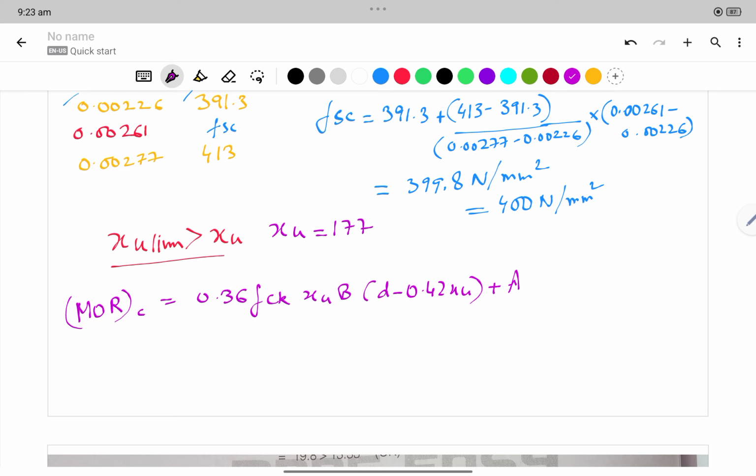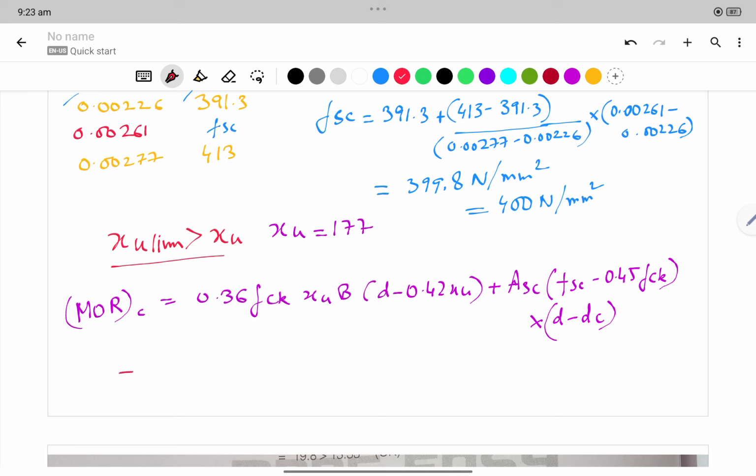Plus ASC into bracket FSC minus 0.45 FCK. This is the force into lever arm D minus DC. Okay, so this is the formula. Now what we have to do? We have to just put the values in it.